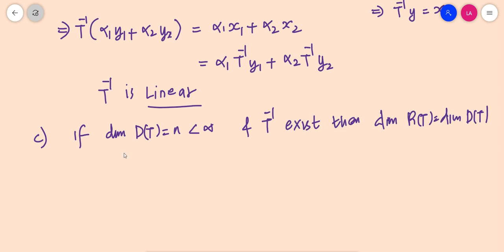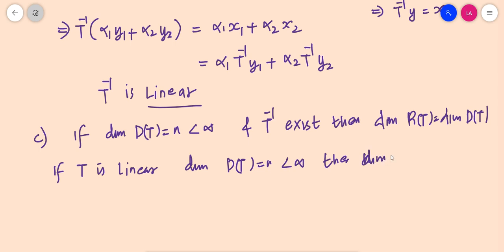So by the previous theorem, it states that if T is linear and dimension D of T is equal to n, which is less than infinity, then dimension R of T is less than or equal to n, or dimension R of T is less than or equal to dimension D of T, which we have proved.